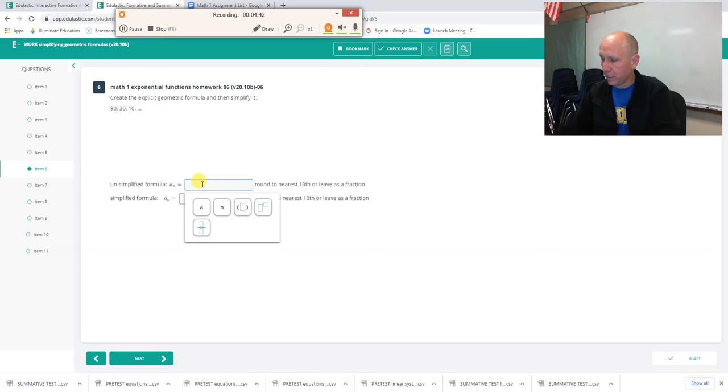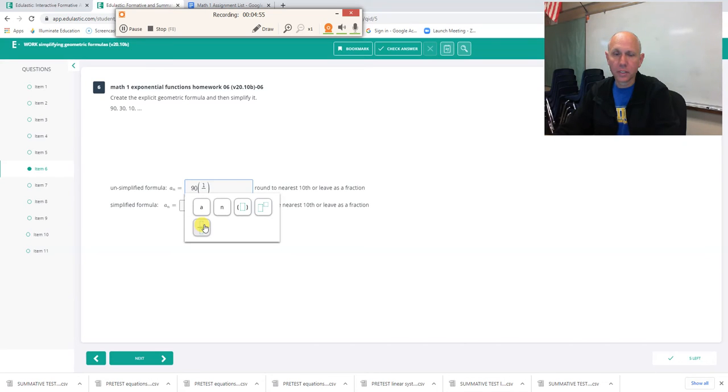Value of the first term is 90. The ratio is 1/3. I can either leave it as a fraction or use a decimal, which would be 0.33, but nearest tenth, I guess 0.3. We'll go with the decimal on this one. So I've got to back it out.